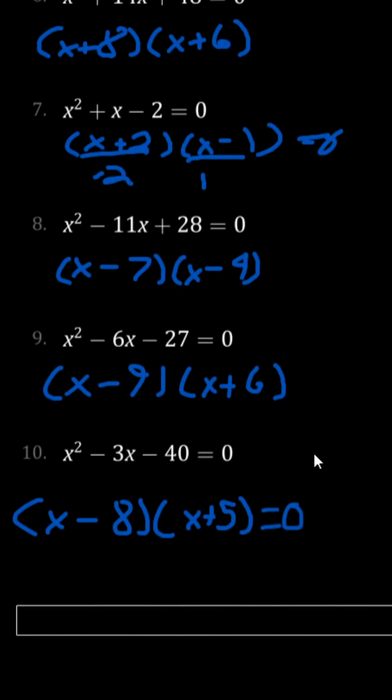Number 9, did I get that one wrong? Yes, I wrote a 6 instead of a 3. Good eye, good eye. I said 3, but I wrote 6. There we go, thank you.